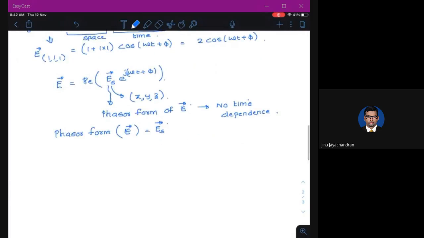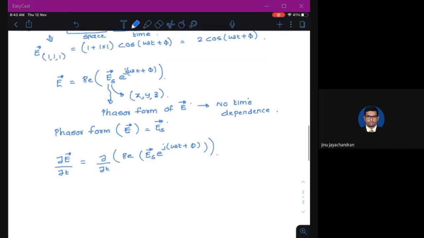Now let's do one thing. Let's differentiate E with respect to time. So this is equal to dou E by dou t, which is dou by dou t of the real part of ES e raised to j of omega t plus phi.